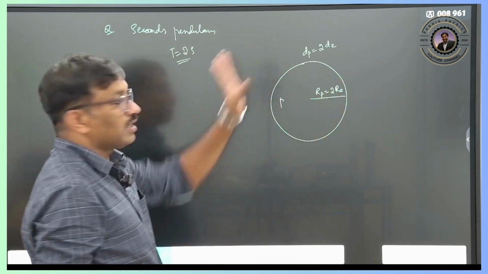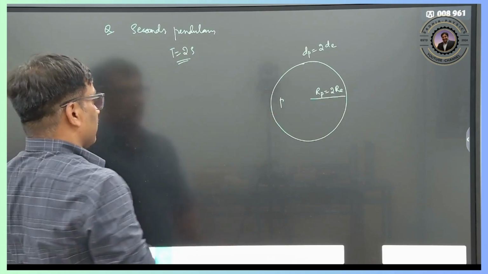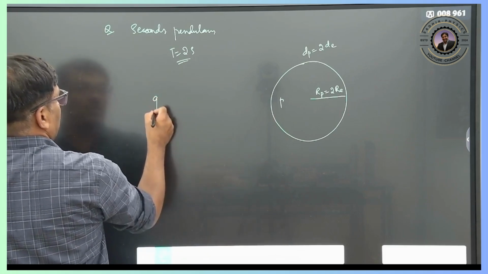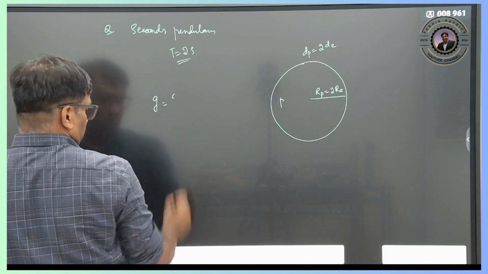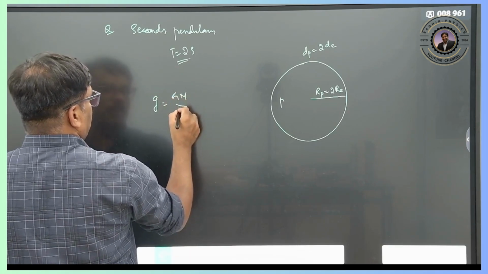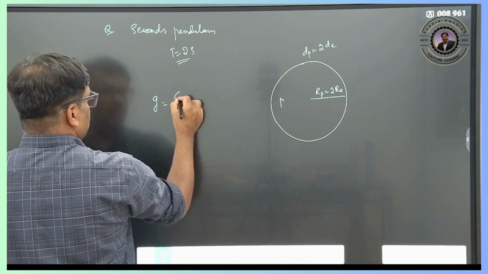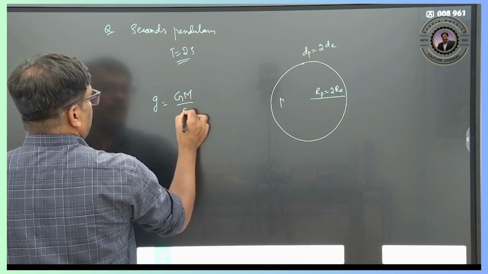It is in terms of density, so you should know the g value in terms of density. You already studied this in your gravitation lesson. So we will write it: g is Gm by R square.